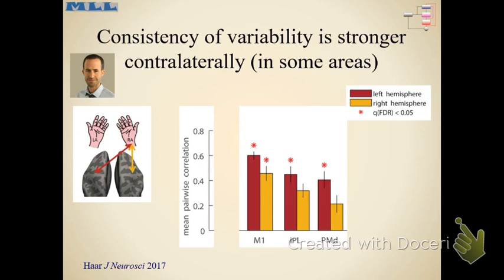And the same is true for posterior parietal cortex, which I'm going to call posterior parietal cortex throughout the talk to make things simple, and for premotor cortex. Consistent in both cases, but slightly more for the left hemisphere. So for higher level motor areas, that's true as well. And maybe unsurprisingly, visual cortex has less of a difference. Right? But it is consistently variable.